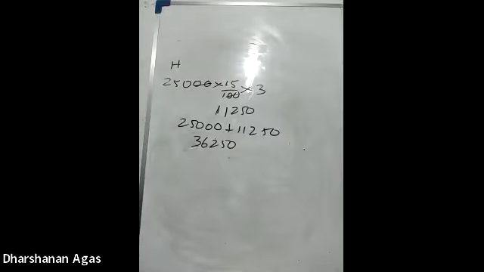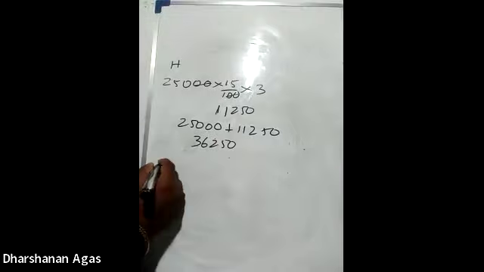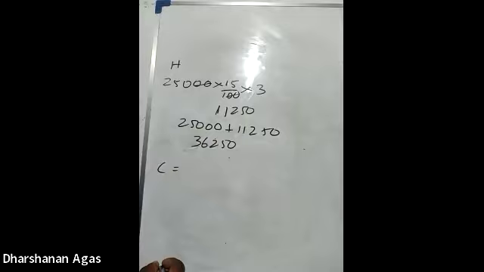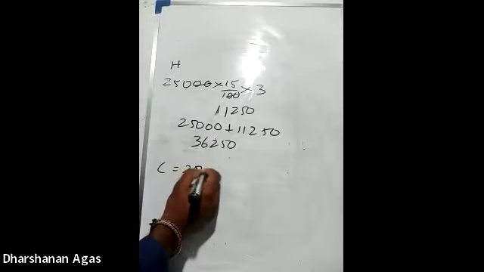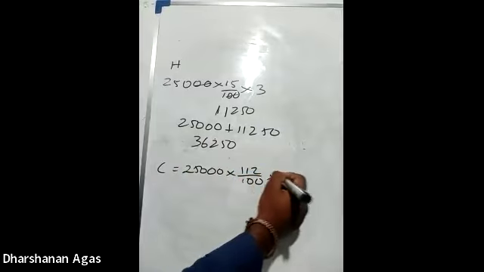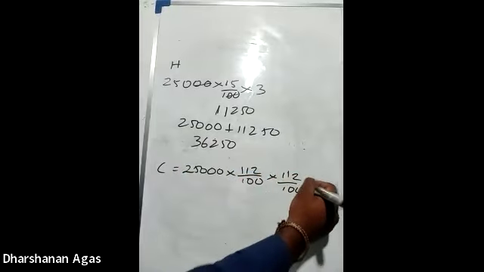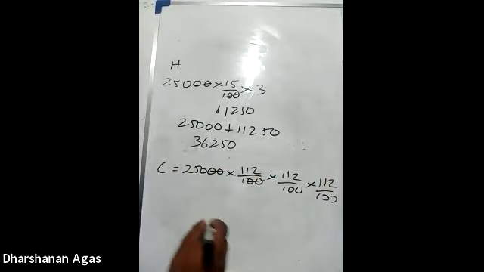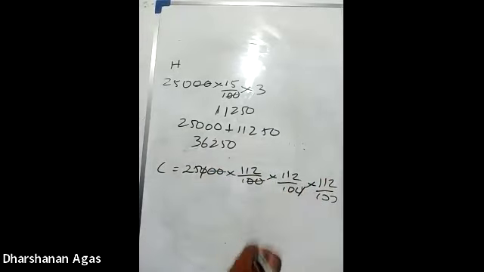Kasim: 3 years compound interest. What is the percentage? 12. Then the same 25,000 times 112 over 100, 112 over 100, 112 over 100. Cut two zeros: 20, 10, 10.